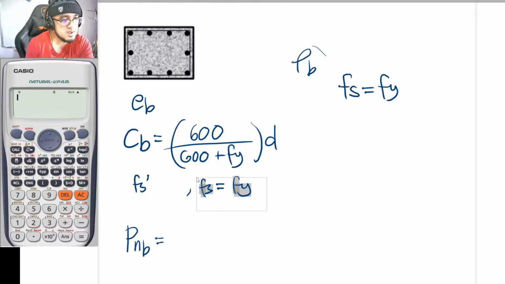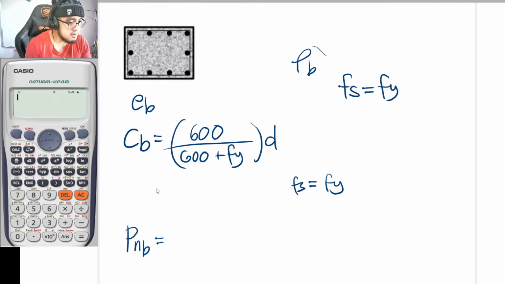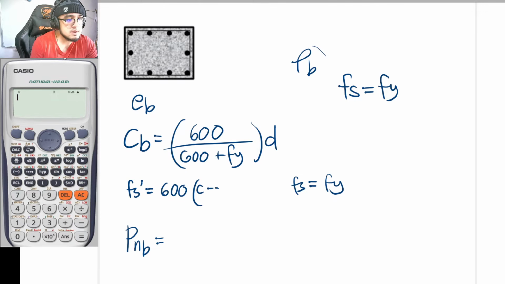For the respective equations, for your Fs prime, you should already know this from the analysis of doubly reinforced concrete beams. This is equal to 600 times c minus d prime, divided by c.